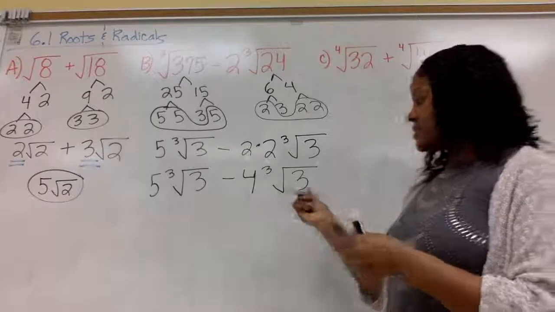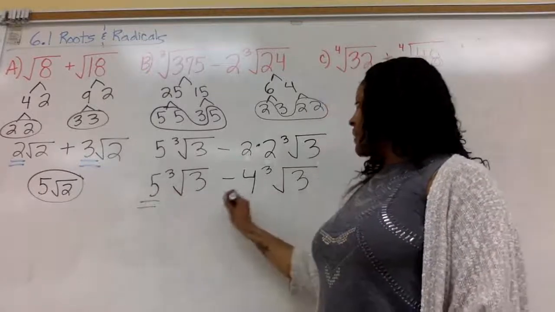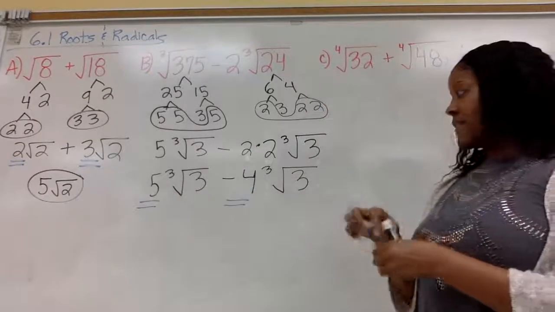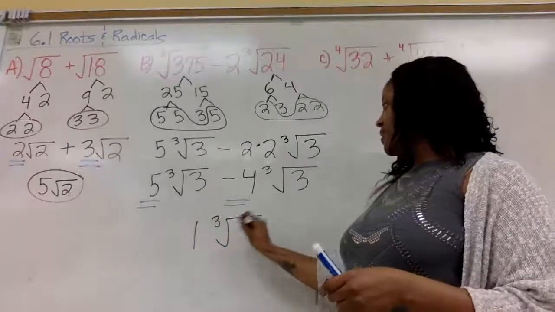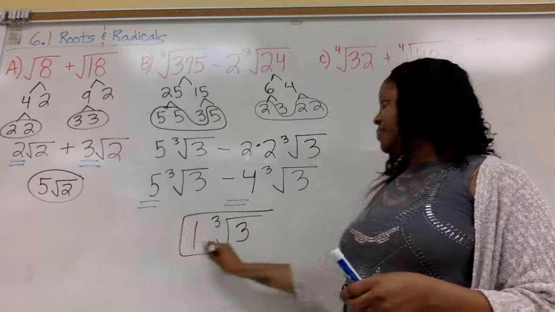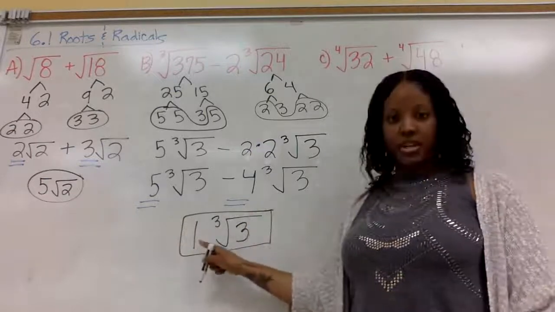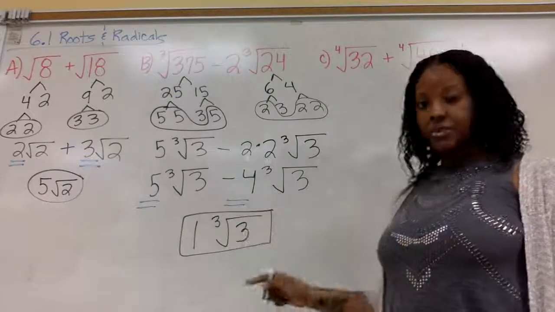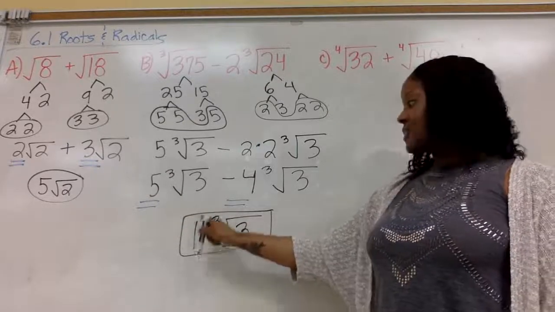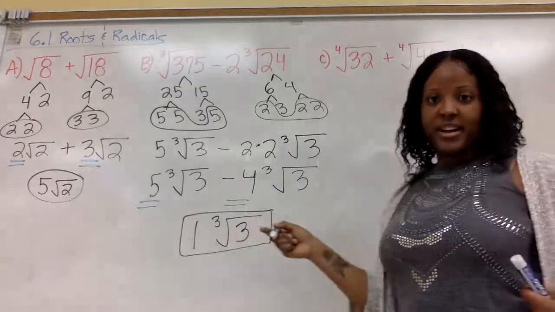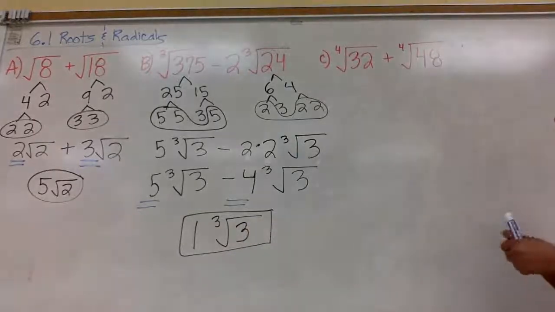So the only thing left for us to do is 5 minus 4. So my final answer is 1 times the cube root of 3. And you probably would not see this 1 there. I'm just writing it so that you know that we did 5 minus 4. More times than not, you would not see that 1 there. Just writing it for studying purposes.